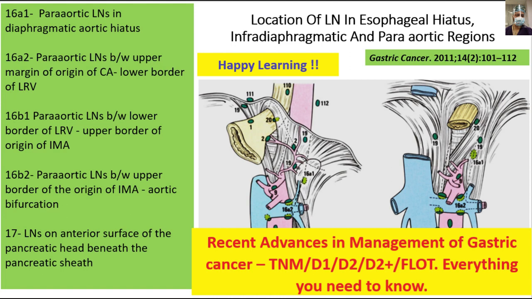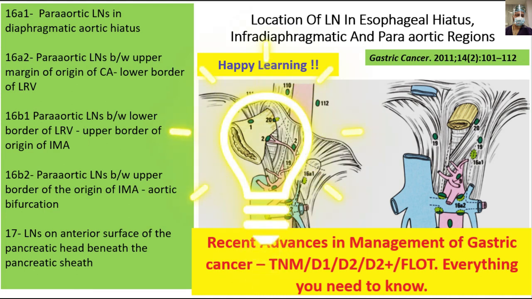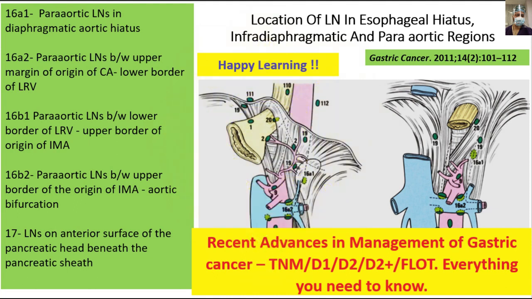In the case of CA head of pancreas and CA gallbladder, we usually sample the intra-aortocaval lymph nodes, and that will be station 16B1. So we have to remember that para-aortic lymph node, that aortocaval lymph node that we usually sample during the extended Kocher maneuver that we have covered in another video tutorial. I will share the link for that video tutorial in the description and in this video also.